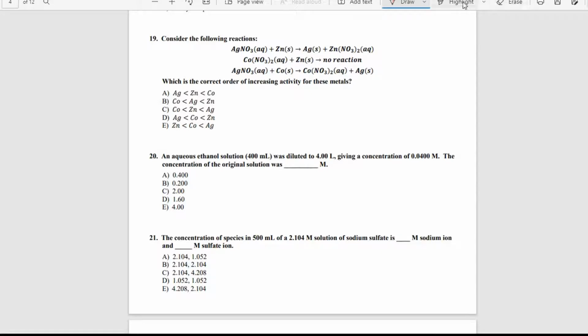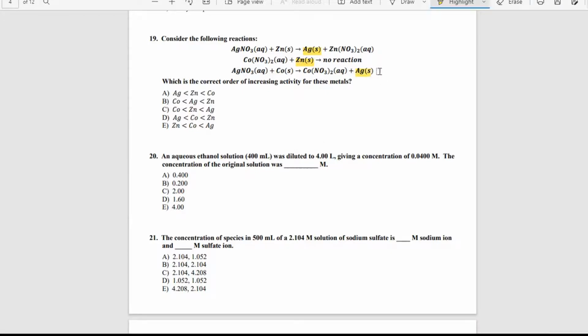So what's less reactive? Ag is the less reactive element. All right, then I look between copper and zinc, there's no reaction. What metal ends up by itself? Zinc. Since zinc is the one that ends up by itself because there's no reaction, which one is less reactive? Zinc. So zinc is less reactive than cobalt. And then I see silver and cobalt. Which one ends up by itself? The silver, right?